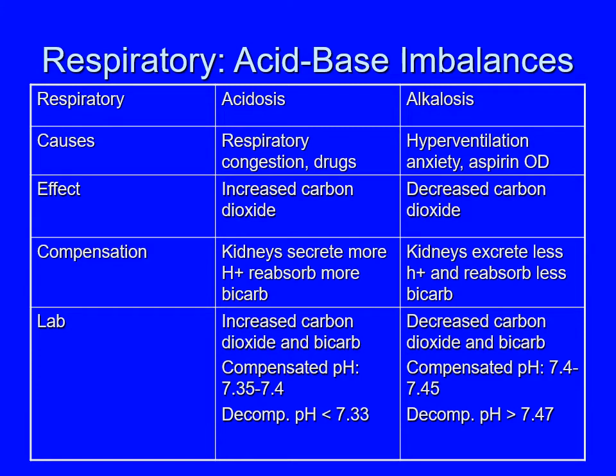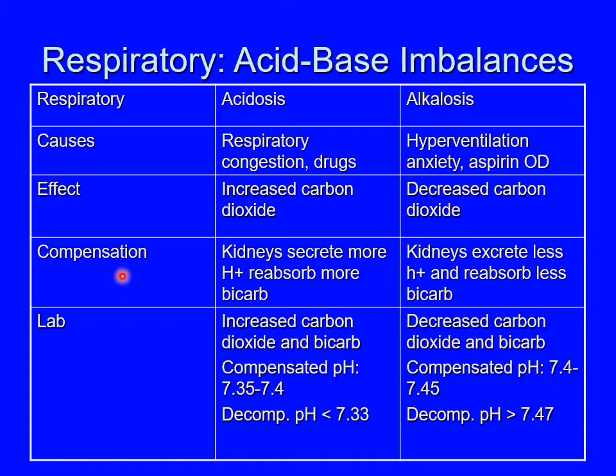So respiratory acid-base imbalances. Working through this diagram, causes of acidosis are respiratory congestion, could be drugs. Alkalosis, hyperventilation, anxiety, aspirin overdose. The effect is increased carbon dioxide, which results in the acidosis, and alkalosis is decreased carbon dioxide. The compensation means the other system that's involved with this whole thing.